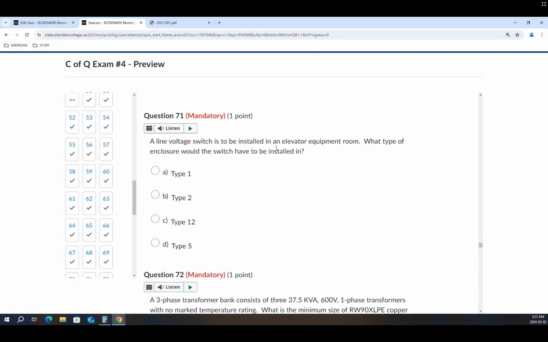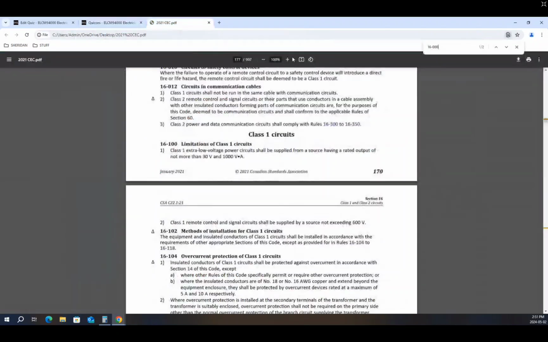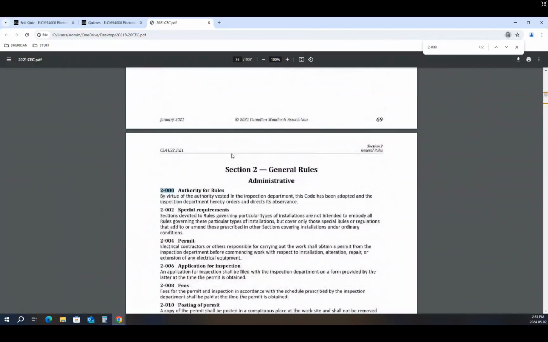A line voltage switch is to be installed in an elevator equipment room. What type of enclosure would the switch have to be installed in? A line voltage switch in an elevator room.